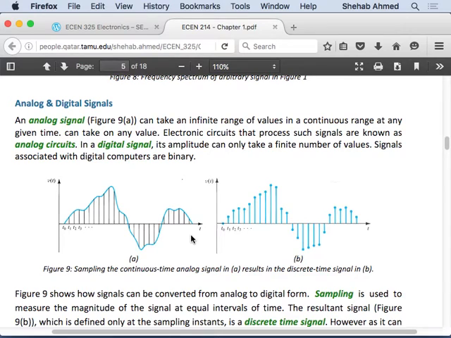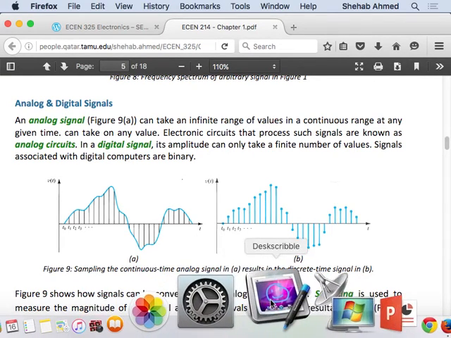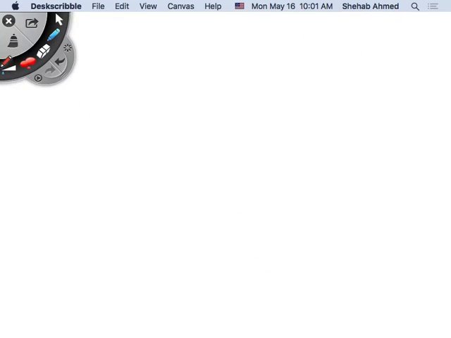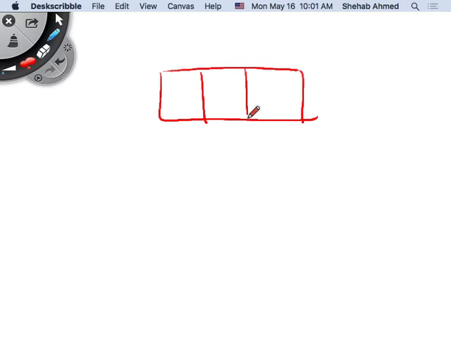If I have a 3-bit binary, I'm storing my information in 3 bits. How many levels or how many words, or variations of 3 bits, can I have in a digital form? 2 to the third, exactly. So 2 to the third is 8. I can start with 0, 0, 0, and then I end up with 1, 1, 1.